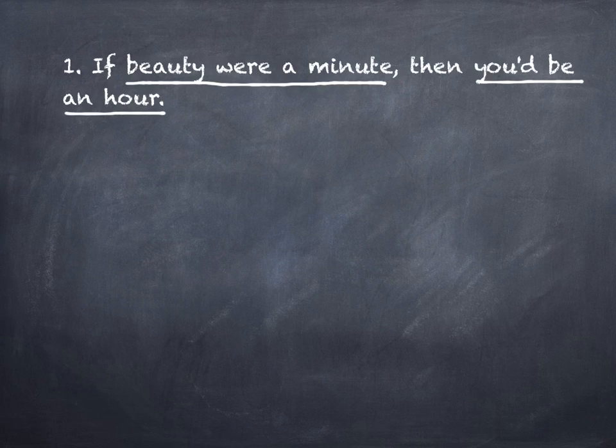All right, the first one we're going to do is the converse. What do I do if I do the converse? What changes? The order. I'm just going to switch the order. I'm not going to put any nots in, I'm not going to negate anything, I'm just moving things around. So I still start with the word if, but what comes to the beginning instead? The you or an hour part. We'll change some verb tenses to make it sound like English.